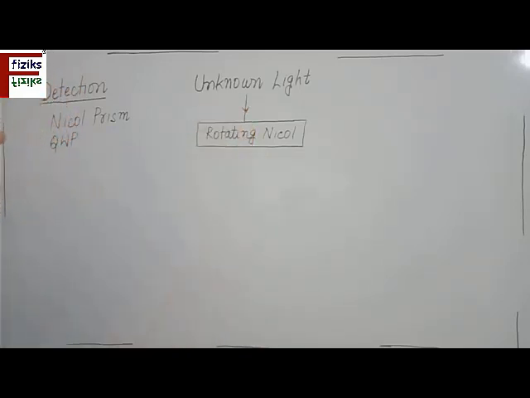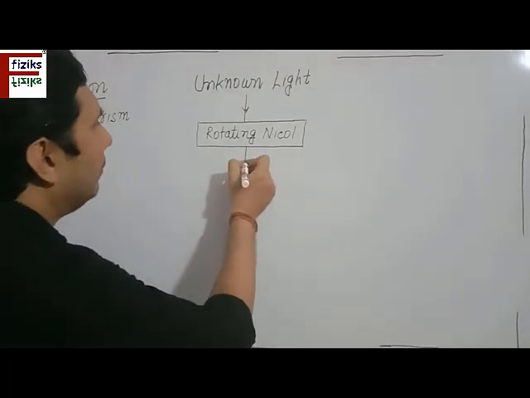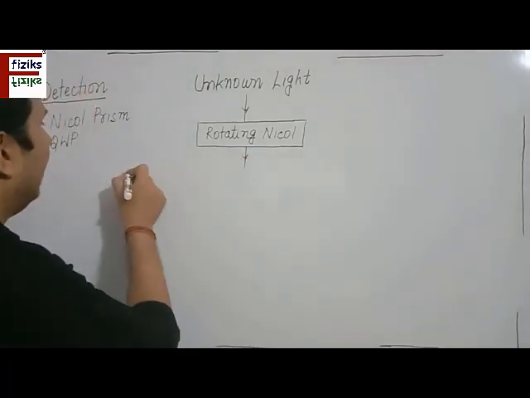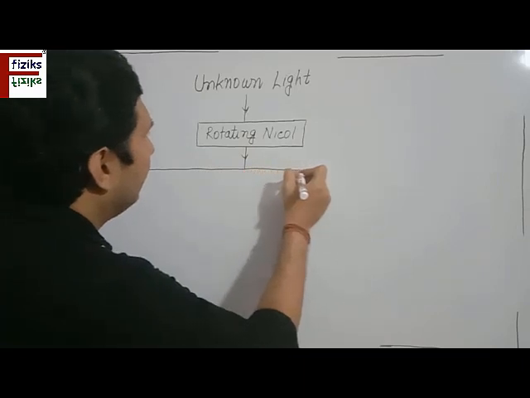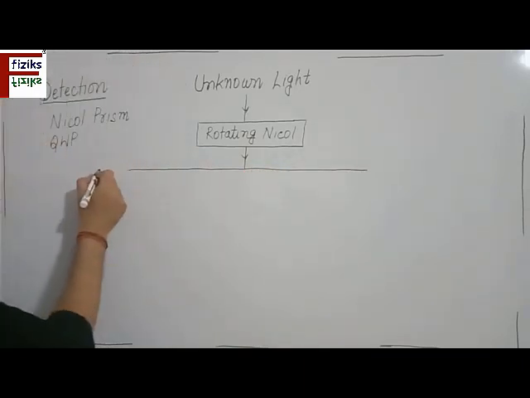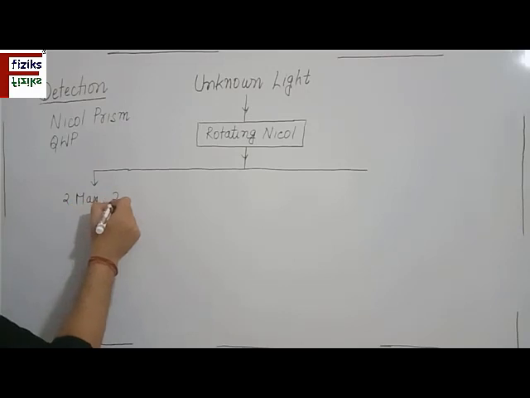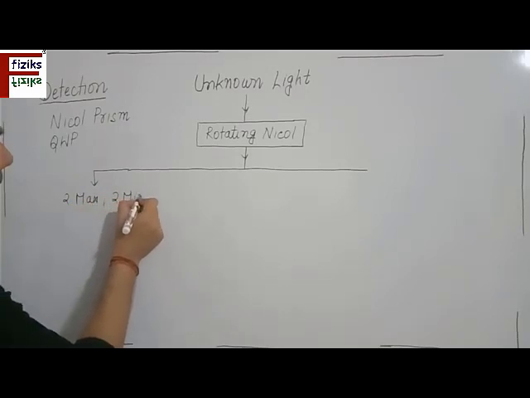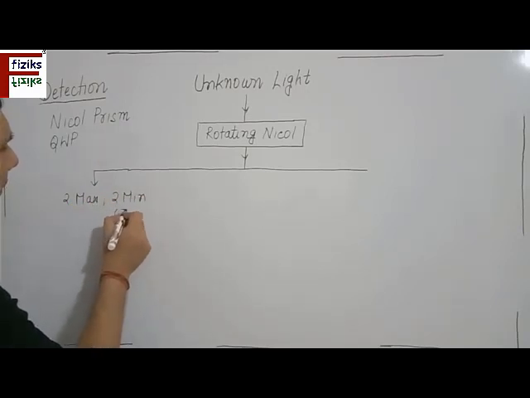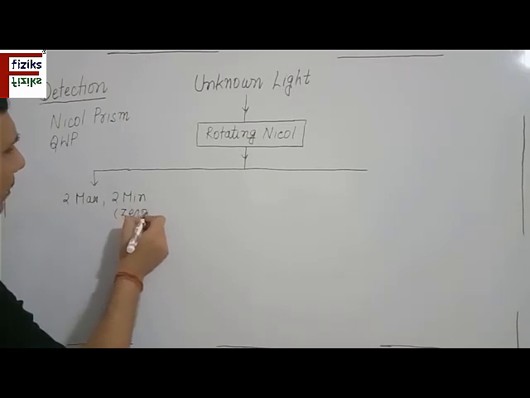Now on passing this unknown light through rotating Nicol, we can have three different cases. In first case, we can obtain two maximas and two minimas, and these minimas are with zero intensity.